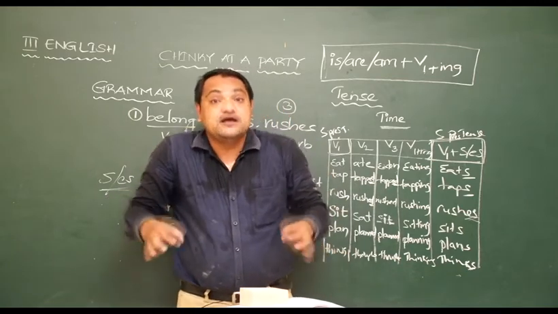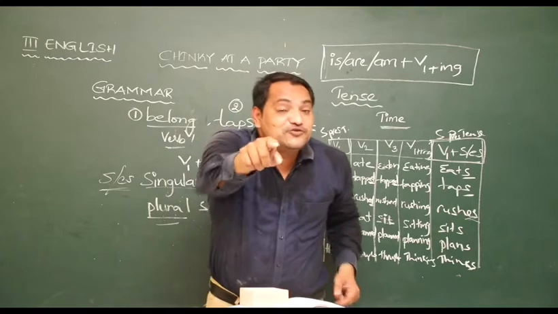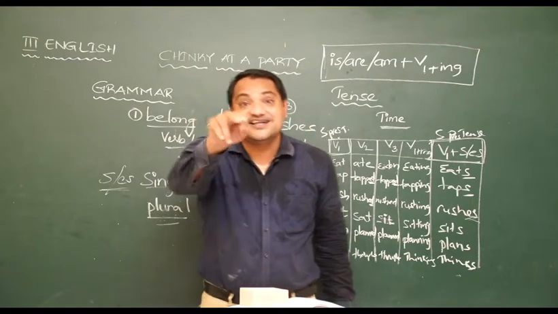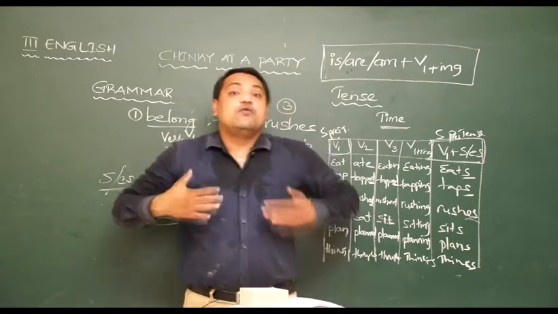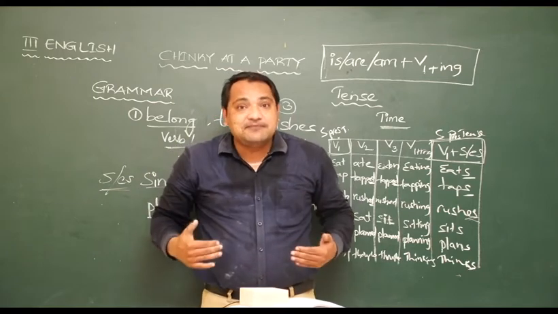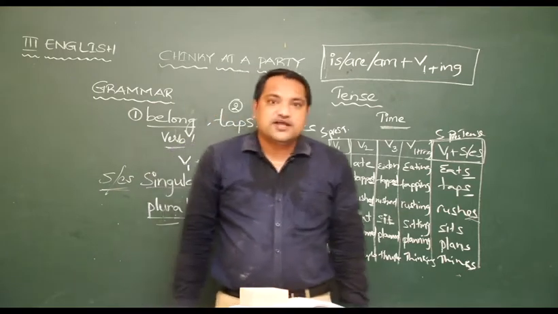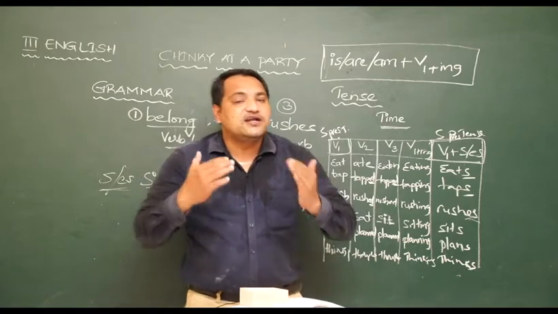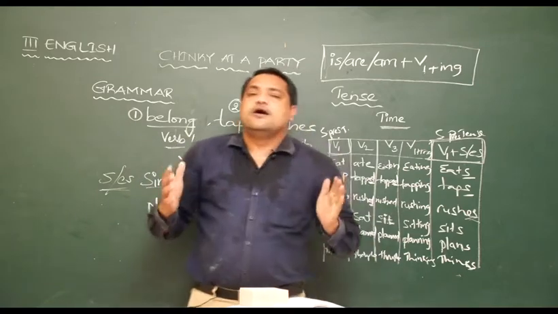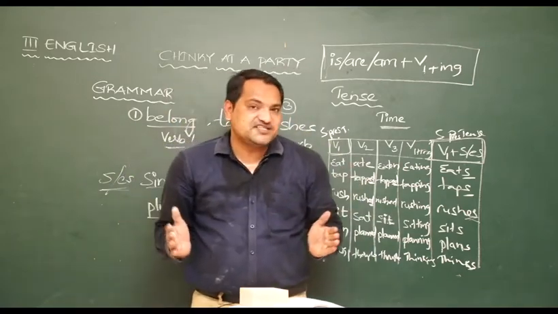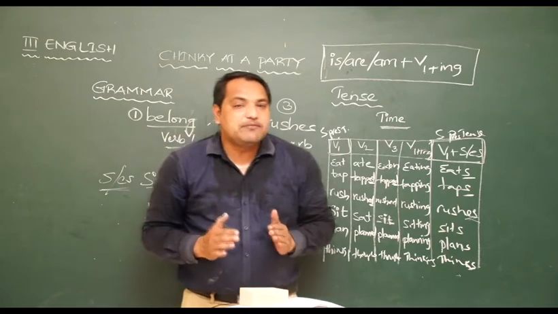What are you doing? You are listening now. What am I doing? I am teaching. Then we are learning English. All these sentences are in the present continuous tense. They tell about the actions that are happening now.